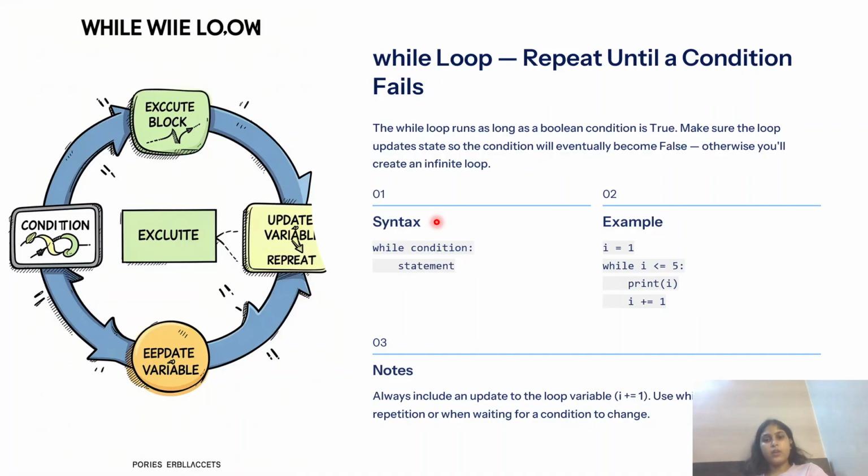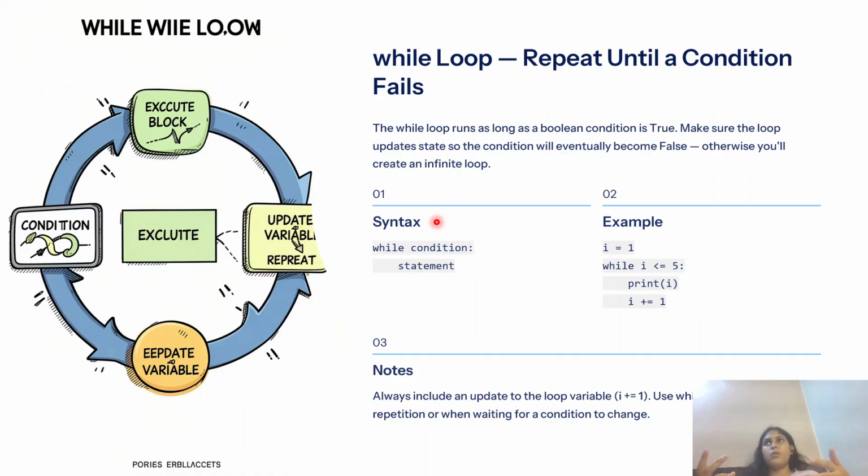Now, so far we have learned about our first loop, the for loop. The for loop is excellent when you know how many times something should be repeated. But what if you are entering your password? Do you know how many attempts you need before entering the correct password?